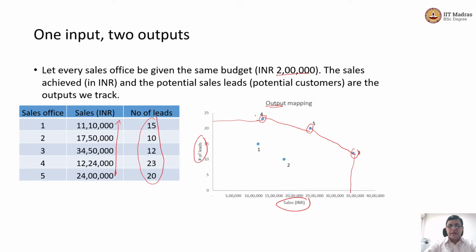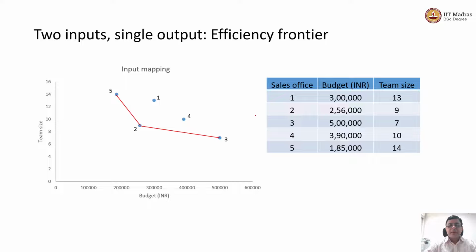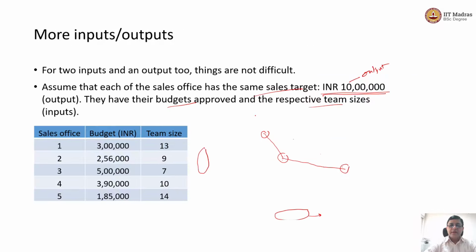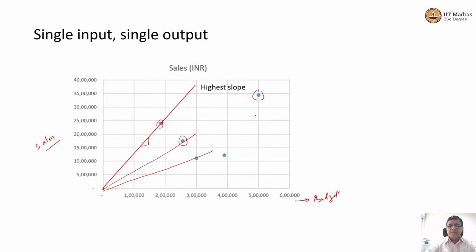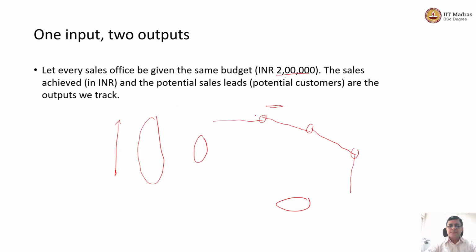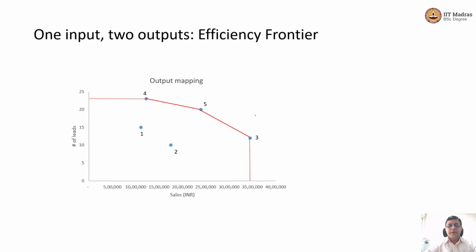So in the earlier example, we had the frontier drawn on the lower side. Now we are drawing the frontier on the upper side, right? Covering the outer covering, right? So this is called the envelope, efficiency envelope, or this is called the efficiency frontier. I hope I'm being clear.